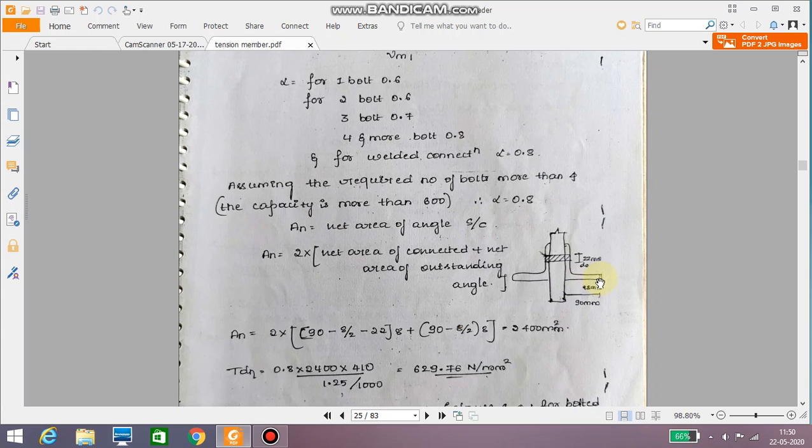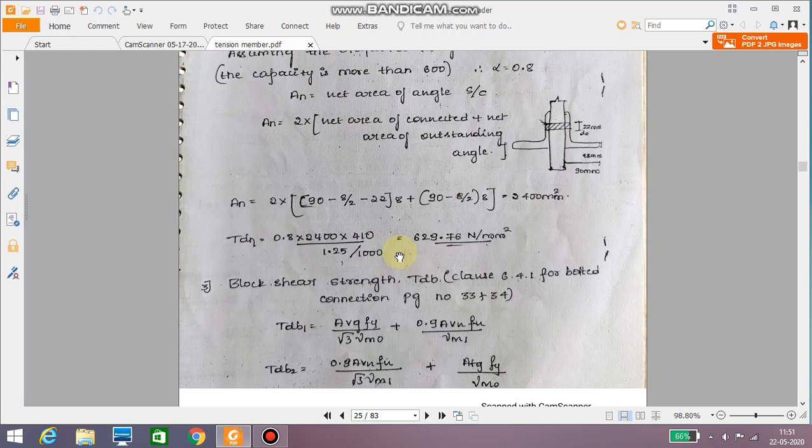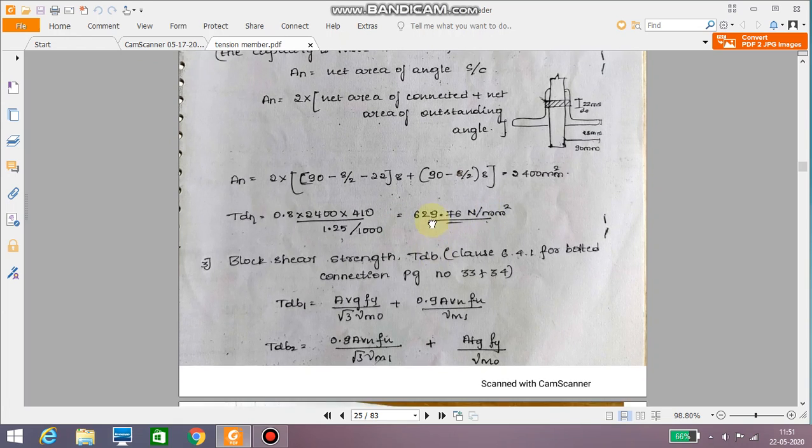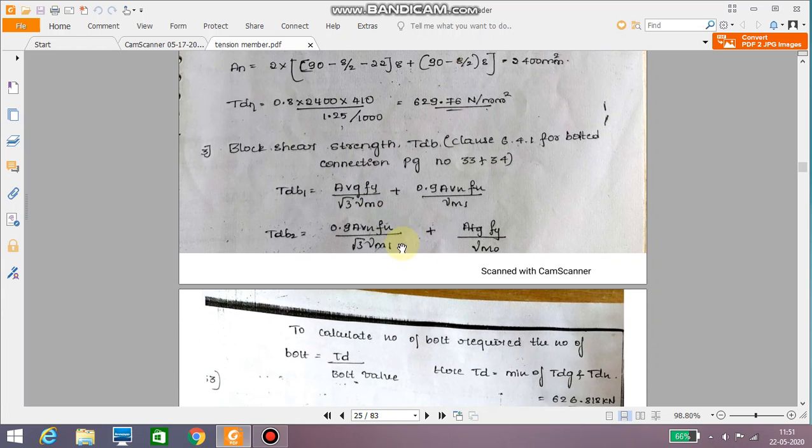Here no need to deduct 22 in the second part, because the bolt holes are only present on the connected leg. So the first part is for the connected leg, the second part is for the outstanding leg. So the area is 2400 millimeter square. Calculate Tdn: 0.8 into 2400 into 410 divided by 1.25. It is 629 kilonewtons. The unit is wrong earlier; it should be kilonewtons.